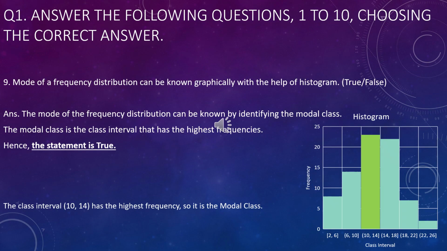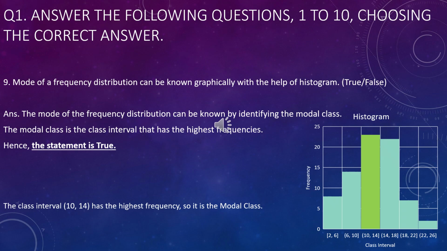Now the next question for question number 1 is: mode of frequency distribution can be known graphically with the help of histogram. Is this true or false? So here the answer will be that the mode of the frequency distribution can be known by identifying the modal class. From the histogram, we will first identify the modal class. The modal class is the class interval that has the highest frequency.